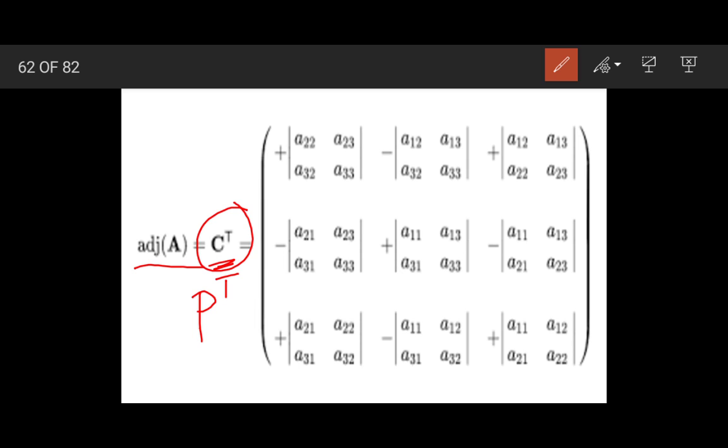And for the cofactor, first take the sign, right? And then delete the position for the A11 position. After deleting the position, we are getting elements A22, A23, then A32 and A33. Okay.